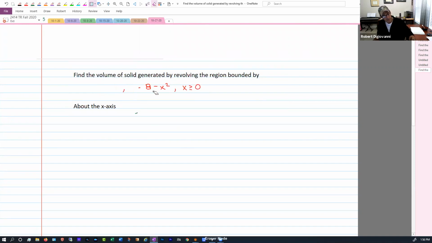Okay, so find the volume of the solid generated by revolving the region bounded by y equals sine x, y equals 0, x equals 0, x equals pi, and I want to revolve that around the y-axis.